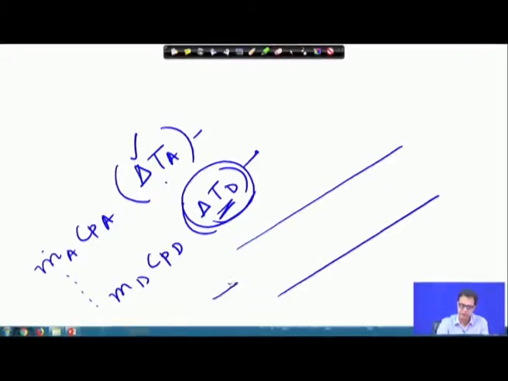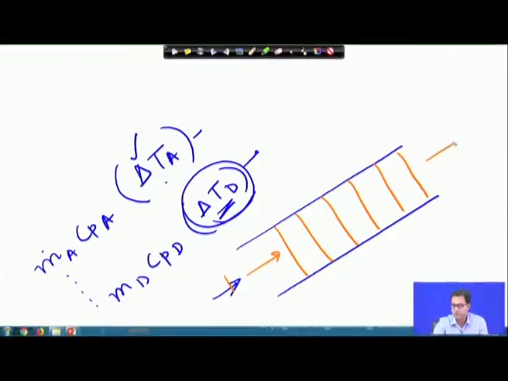For a particular channel, if we have this kind of channel, we will try to estimate the total heat that is getting transferred when the fluid is flowing from this end to this end.